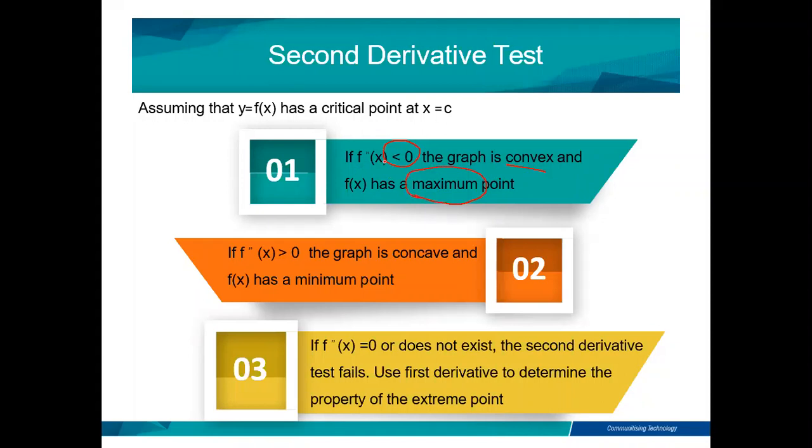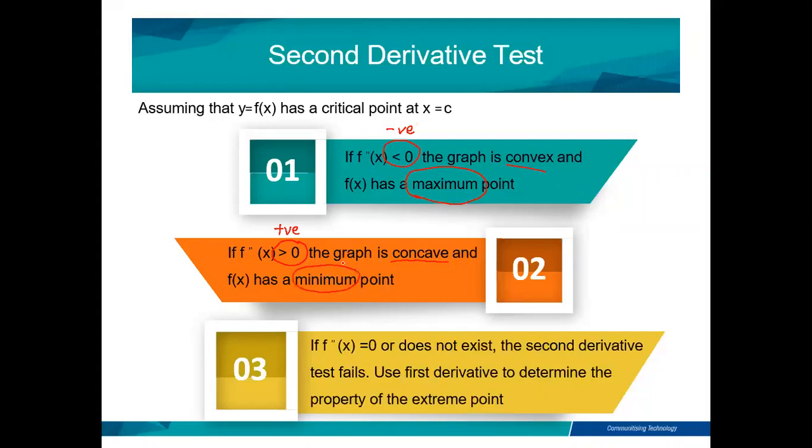If the second derivative is less than 0, it means that you got a negative value, so the function has a maximum point. But if the second derivative is greater than 0, it means that you got a positive value, so the graph is concave and the function has a minimum point, meaning the opposite.